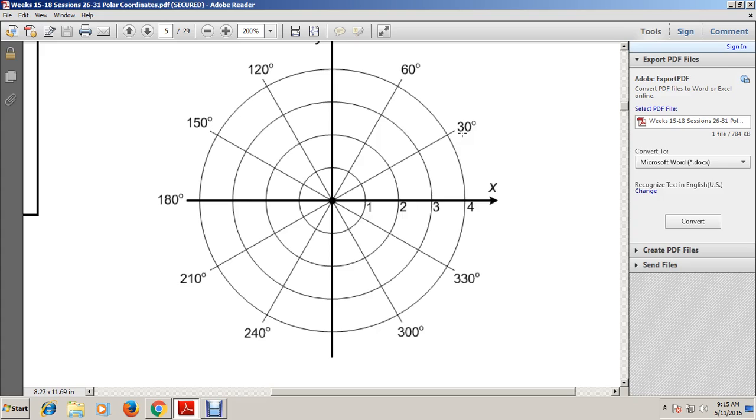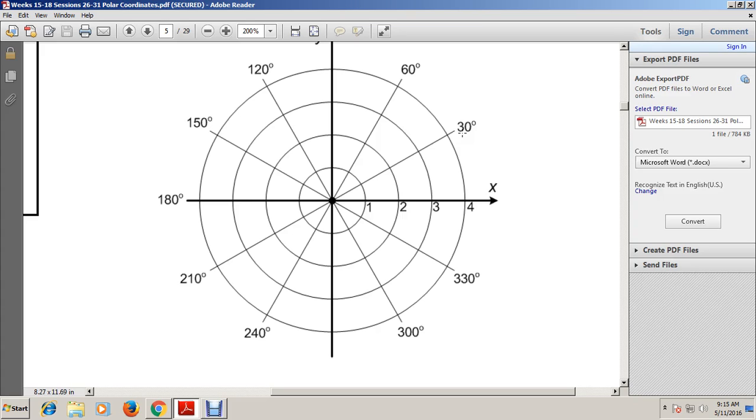Let me just compute that. So this is 1 radian. In terms of degrees, you could research the value of 1 radian in terms of the degree measure.